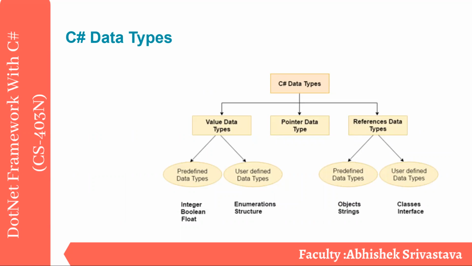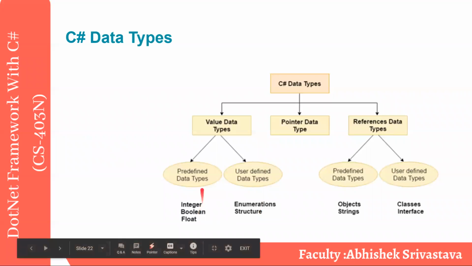Then we have data types. All right, what types of data types do we have? We have three major types: value type, pointer type, and reference type. Value type means you have some value in it. Pointer type means you are containing some pointer variable. Reference means you are referencing someone; you do not exactly have it, you are referencing it.